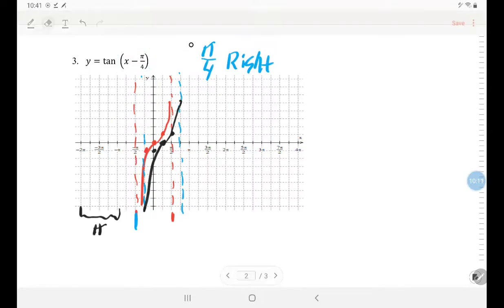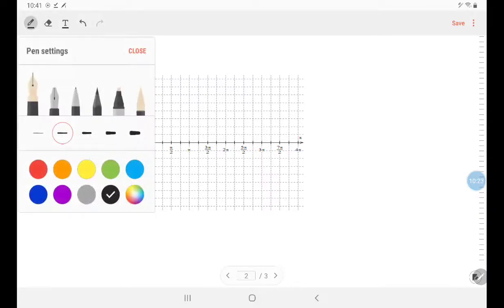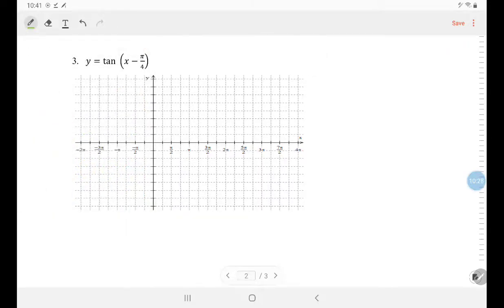However, let me show you what maybe you might find to be a little easier. On a problem like this, if you don't graph the parent function, I'm really not going to lose any sleep over it. So if I were to really just do this one, I would say like this, okay? Normally, there's where my asymptotes lie, at negative pi halves and positive pi halves.